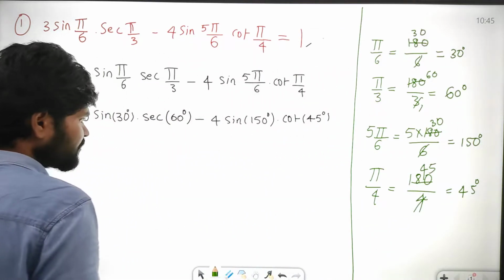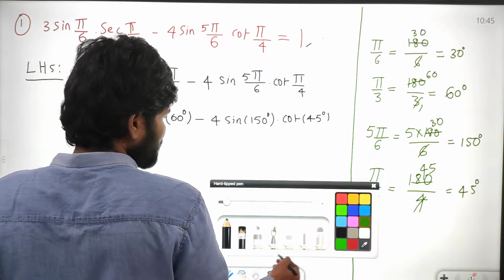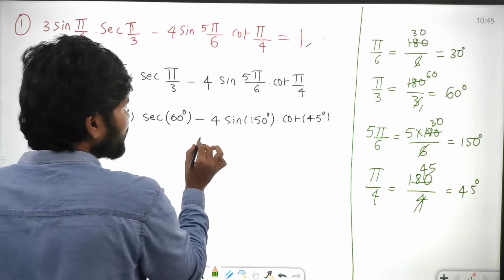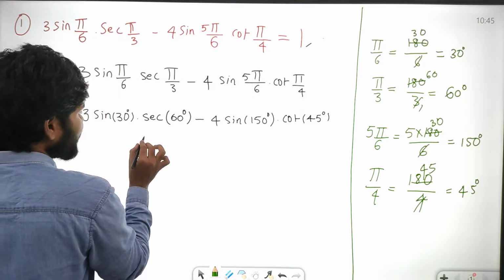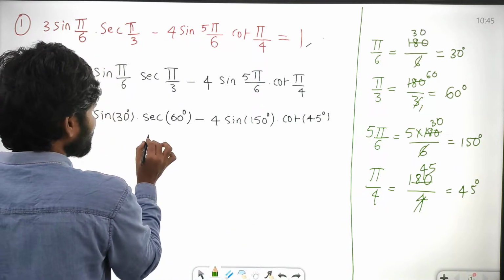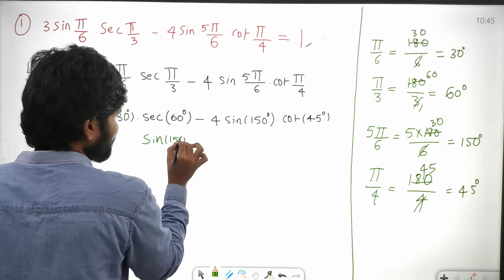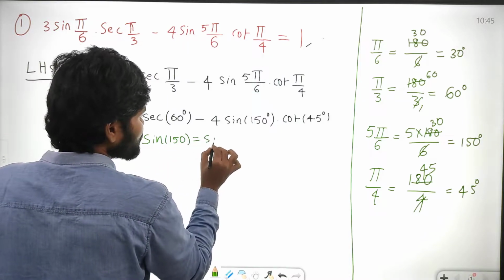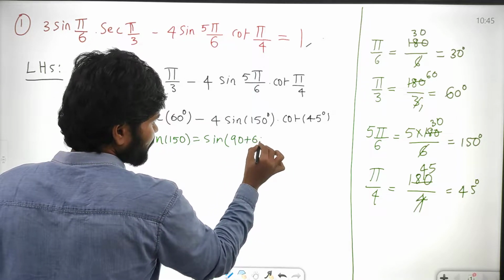Now what should we do? This is sine 150. I need to convert sine 150. How can I write sine 150? As sine of 90 plus 60.